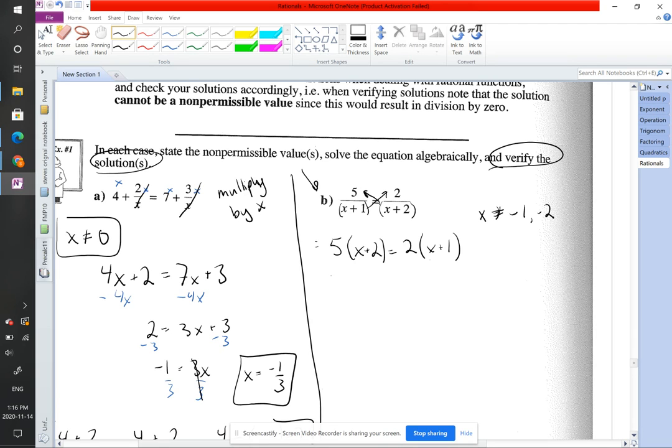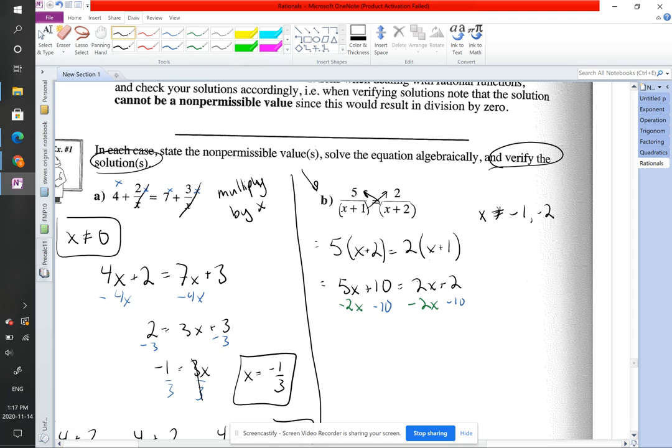And now we can simplify. We know that that 5 multiplies into both terms in that bracket there, and the 2 multiplies into both terms in those brackets there. I'm going to do 2 steps of algebra in one. Hopefully that doesn't confuse anybody. I'm going to subtract 2x from both sides and then subtract 10 from both sides.